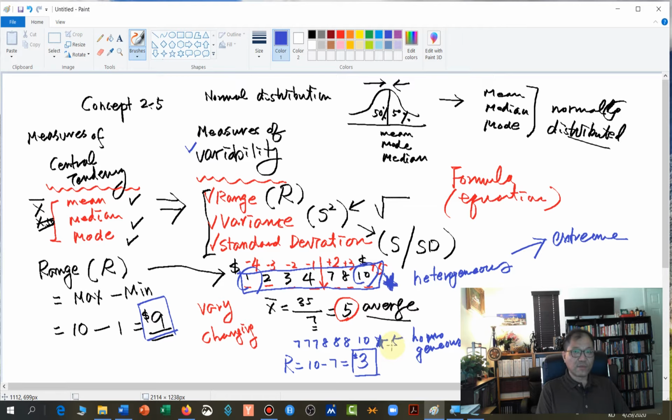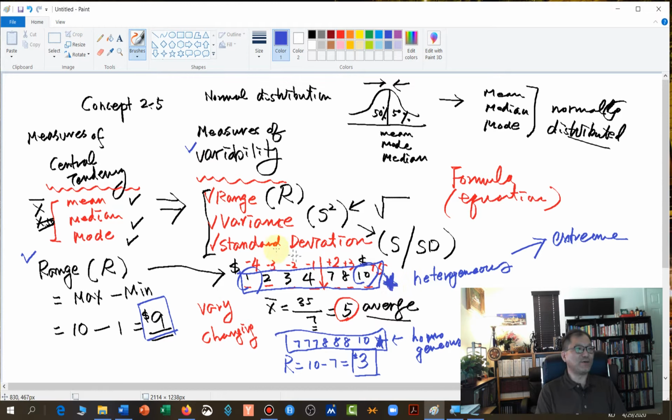Again, the bigger R value means numbers are more different. What if you have a small R value right here? Numbers are homogeneous, not much variation. That is the concept of range.